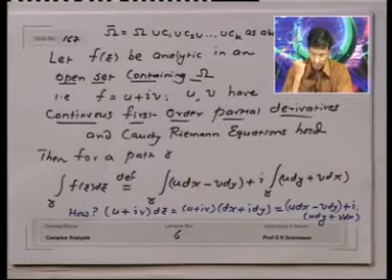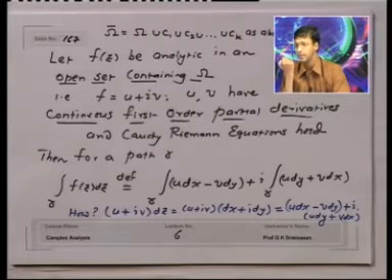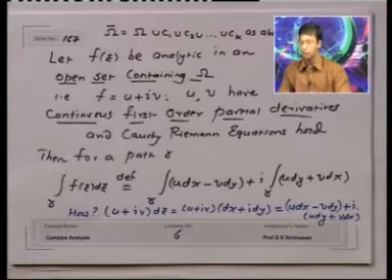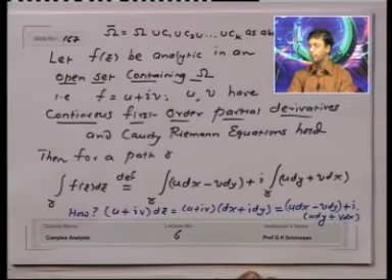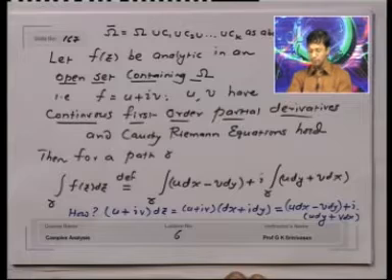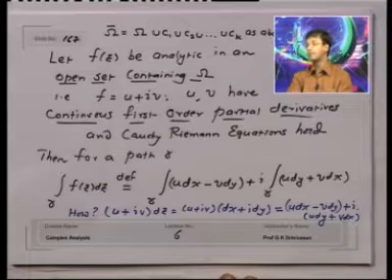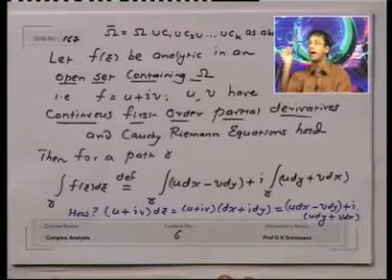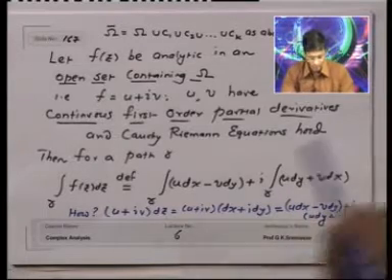So it is u plus iv into dx plus i dy, and when you write it out, you are going to get u dx minus v dy plus i times u dy plus v dx. So when you integrate this, it should be the integral of the real part plus i times the integral of the imaginary part.